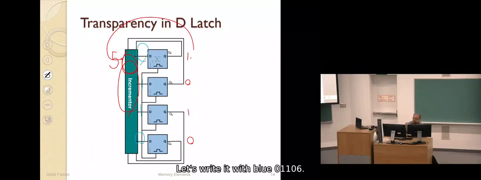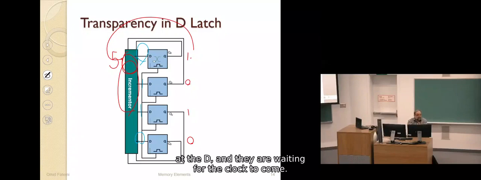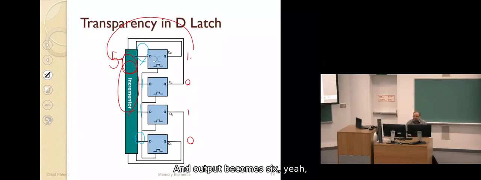Okay? Now the value 6 is at the front door at the D, waiting for the clock to come, and when the clock comes, it goes to the output, and the output becomes 6.